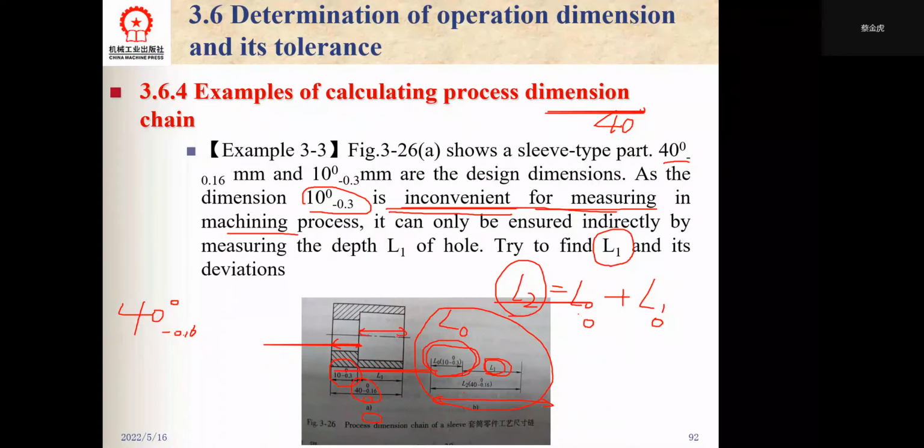We have this hole and this dimension. It comes out naturally. We use L1 minus L2 and L0 comes out naturally. So L0 is the last one we get.